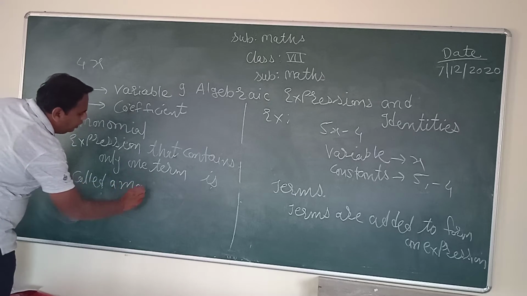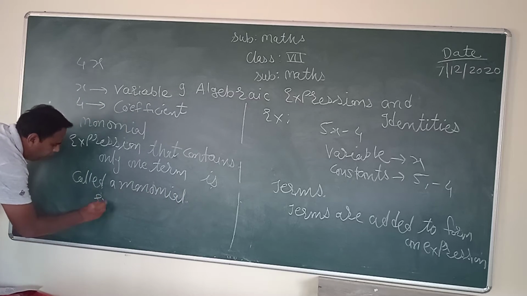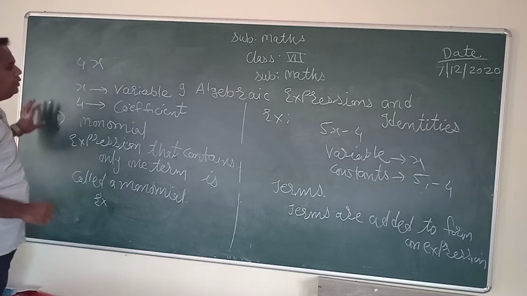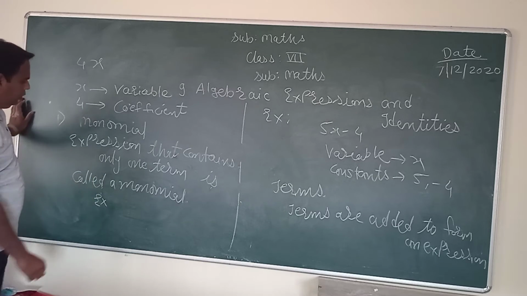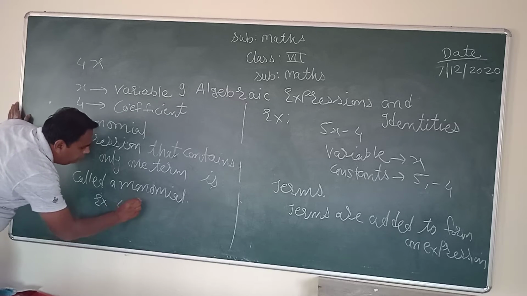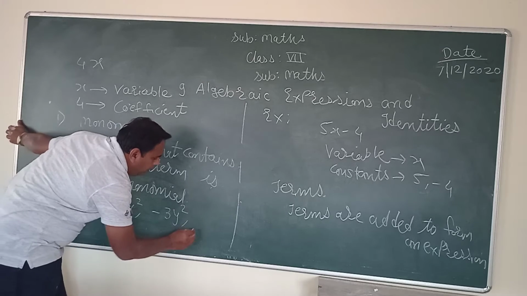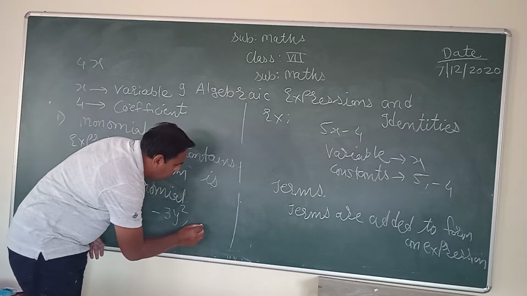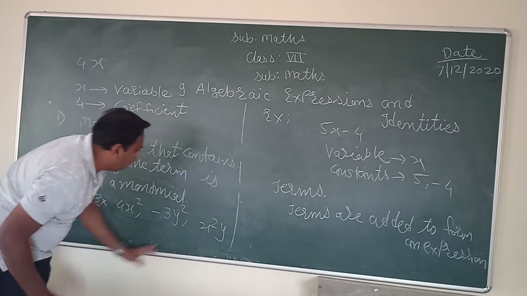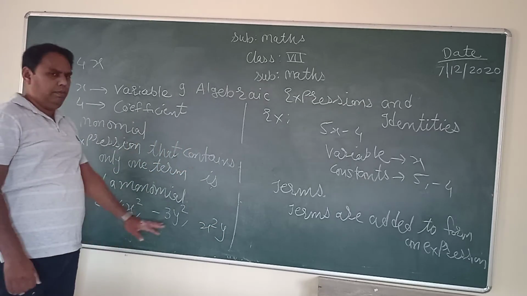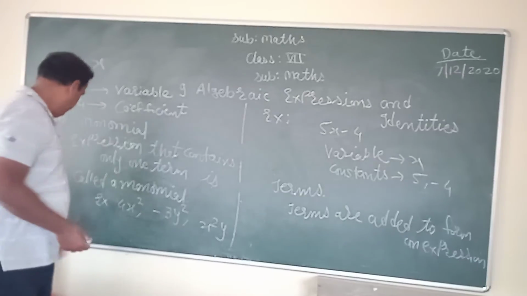Here the example, students. ऐसा एक्सप्रेशन जिसमें सिर्फ एक ही टर्म होती है उसे हम कहते हैं मोनोमियल. For example, here 4x², -3y², then x²y. It is only one term, students. यहाँ पे सिर्फ एक ही टर्म. So these are all monomials, students.